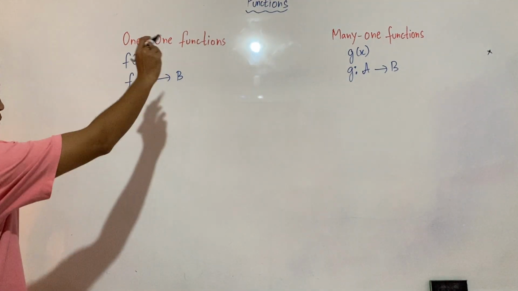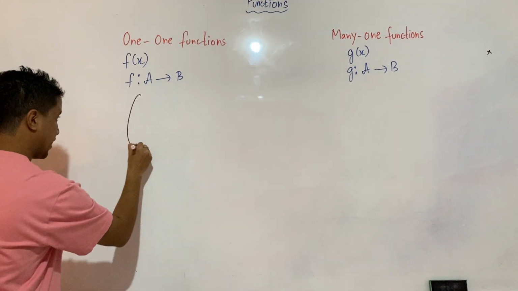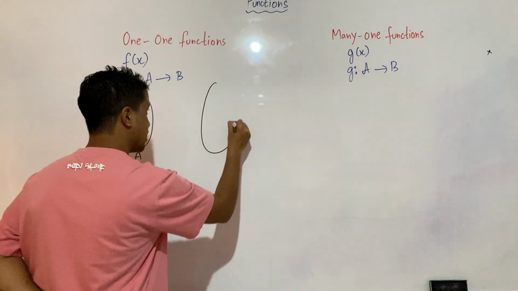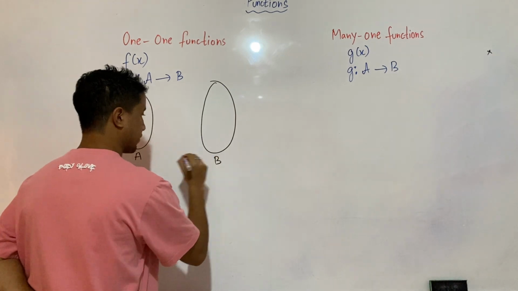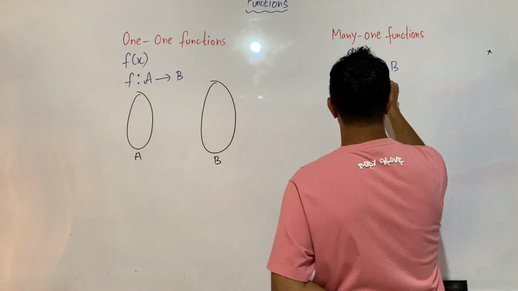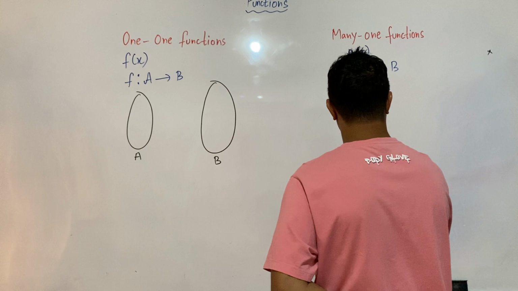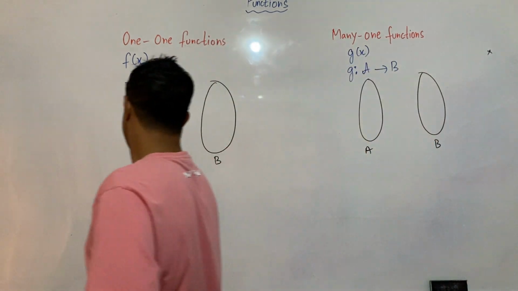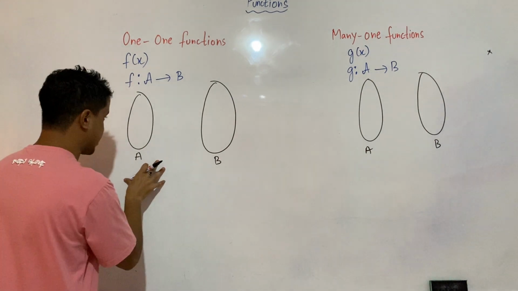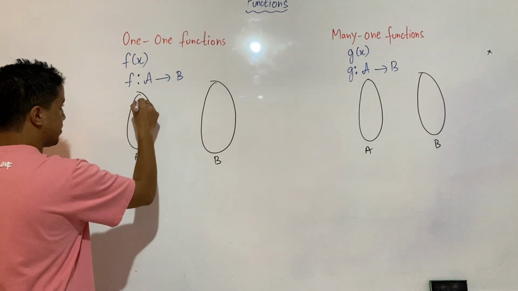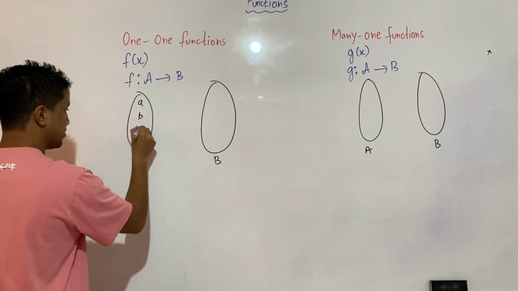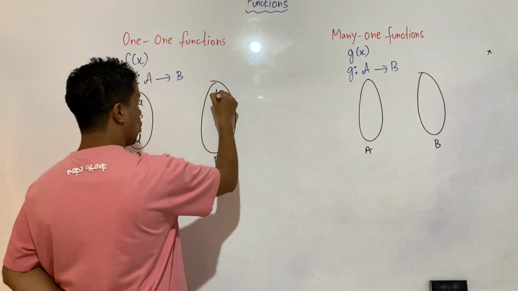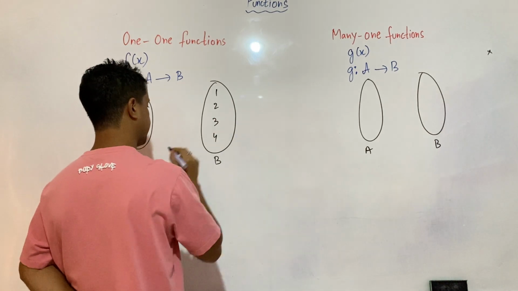Now this is my set A and this is my set B, and here the same set A and here I have set B. Let's say the elements in set A are a, b, c, d, and in set B I have elements 1, 2, 3, 4.